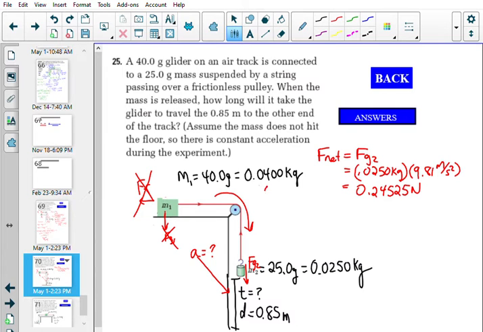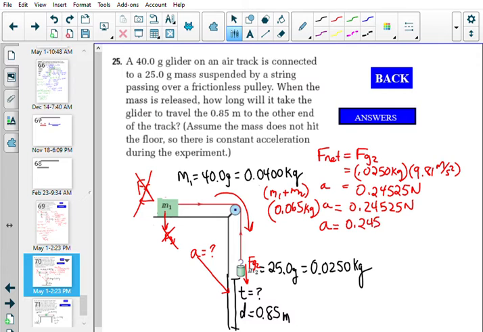Now that is equal to the F net, which was both masses added together, remember. So this is m1 plus m2 times the acceleration. So if we add both of those masses together, you get 0.065 kilograms times the acceleration is equal to the 0.24525. So you would divide those two.